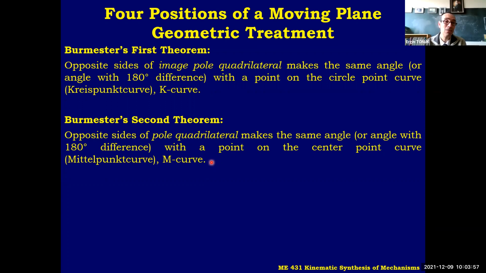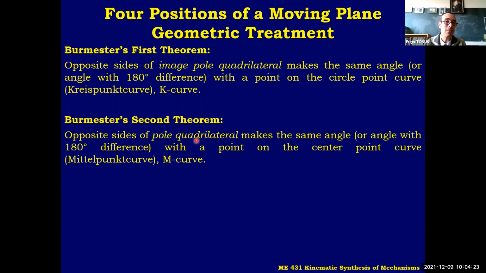And of course, in that case, image and pole quadrilaterals will change roles as well. Okay, so as we will see later, now let me tell these fine points right now, then I will also stress those.